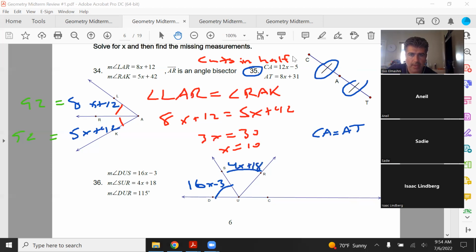And the whole thing is 115. So let's work it out. So 35, 36. Again, I'll give you guys probably about 3 or 4 minutes. We'll check in, then we'll do the next page and we'll take a break.